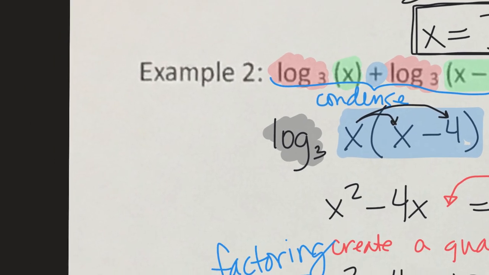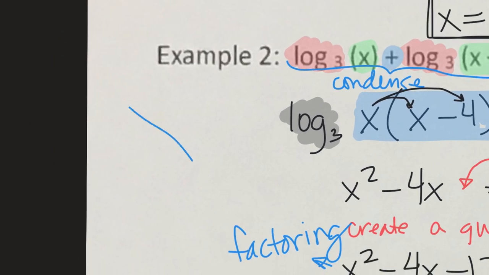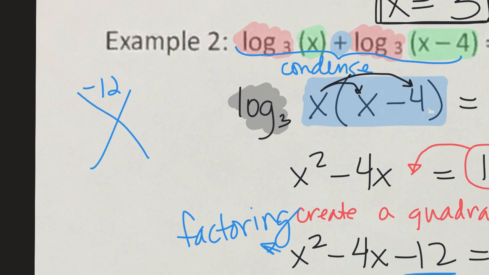So in our brains we think, what numbers multiply to give me negative 12? That's the last term, the constant. And at the same time, add to give negative 4.